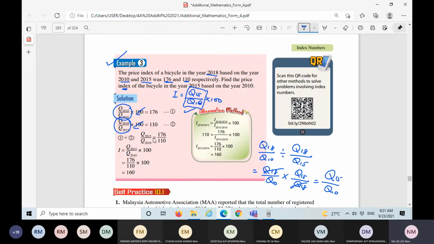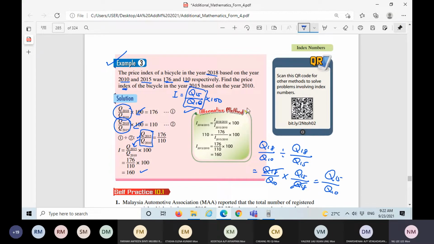On the left hand side, this is what you get, and on the right hand side, 176 over 110. This one you can just leave it because this is the whole thing you're going to need to find your answer. So Q15 over Q10 is 176 over 110. Just put in, times 100, then this is the answer.